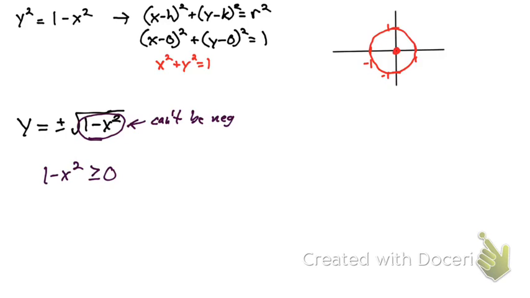Well, I guess I would subtract 1 on both sides. We come up with negative x squared is greater than or equal to negative 1. Divide both sides by negative 1. We come up with x squared is less than or equal to positive 1. I would take the square root of both sides, and we end up with x needs to be less than or equal to just 1.